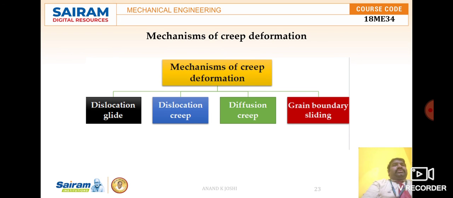The vacancy diffusion mechanism is significant at low stress and high temperature. Since atoms vibrate randomly at higher temperatures, under the driving force of the applied stress, atoms diffuse or move from the side of the grains towards the top and bottom of the specimen.